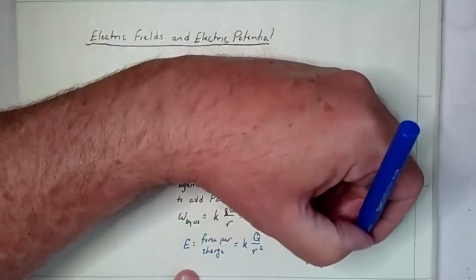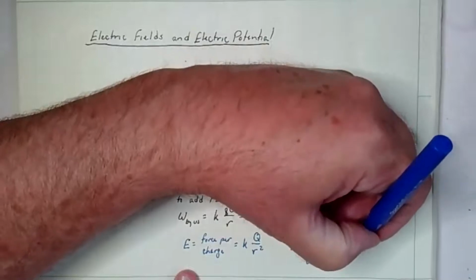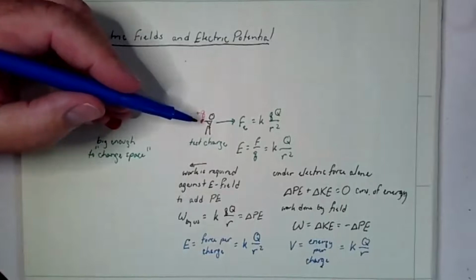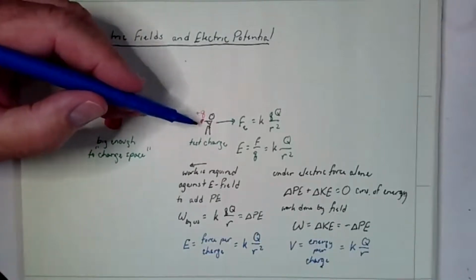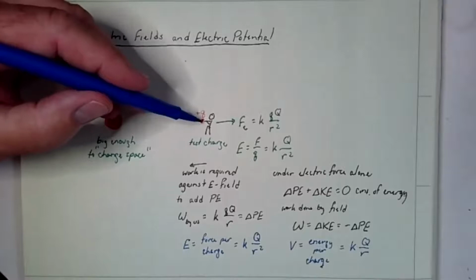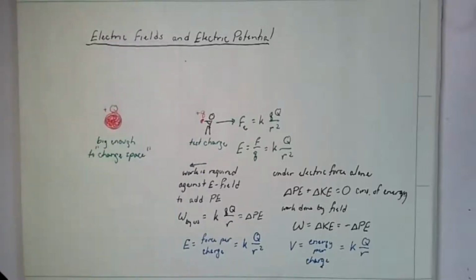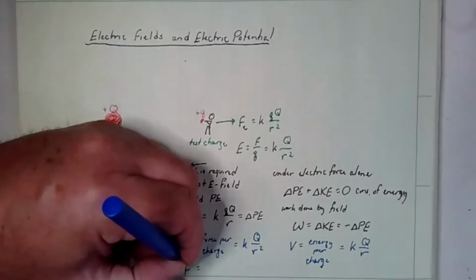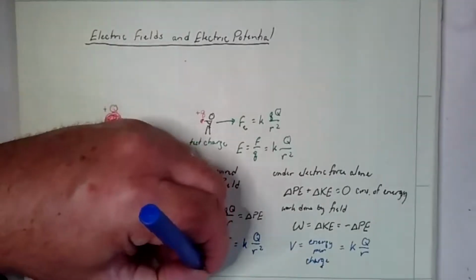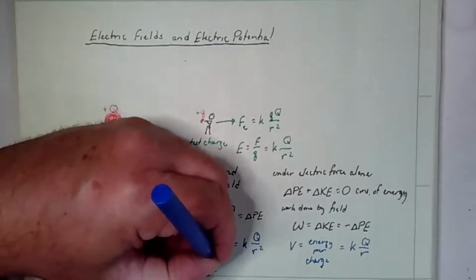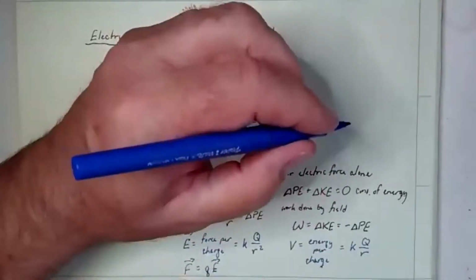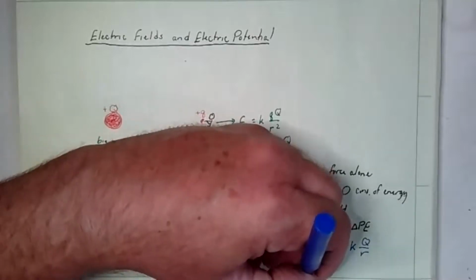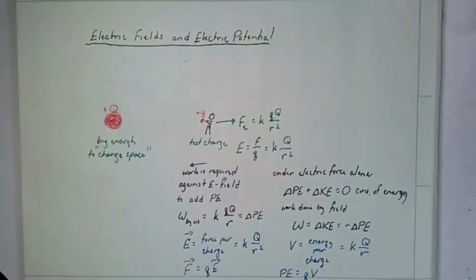And for a point charge, that's equal to kQ over r. So again, this location in space has special properties. If you put a charge there, it's going to feel a force. And then that force, if you can hold it there, it's going to have potential energy. So the force is going to be equal to, and that's a vector, of course, it's going to be qE. And then the potential energy is going to be equal to little q times whatever the potential is.